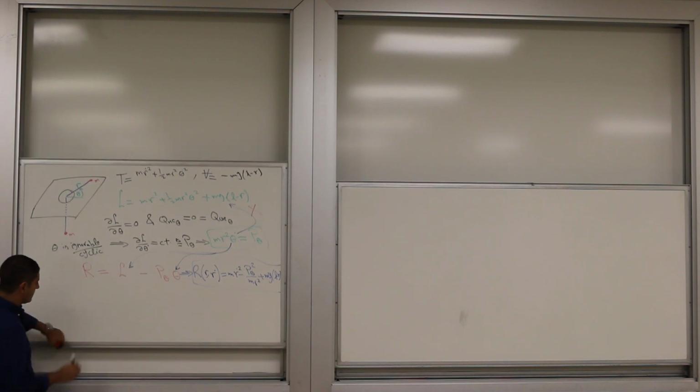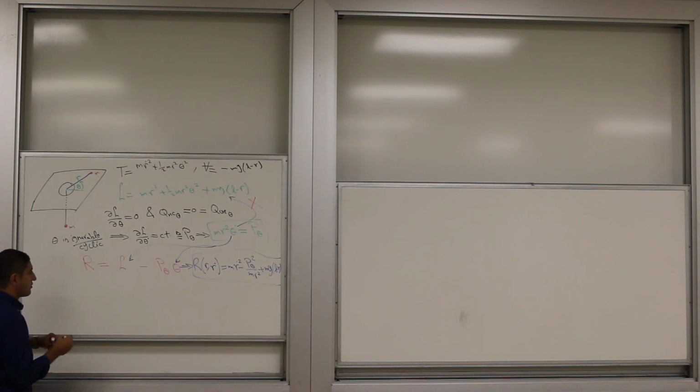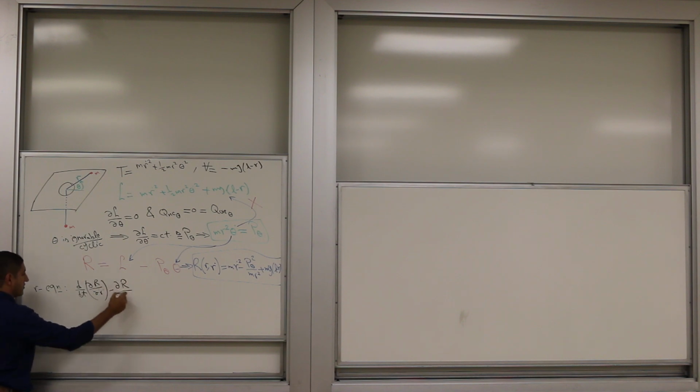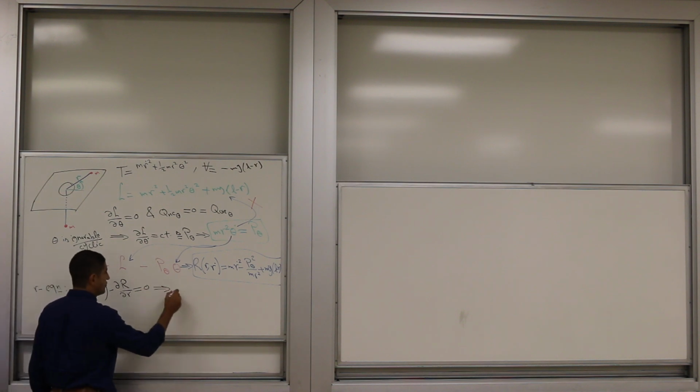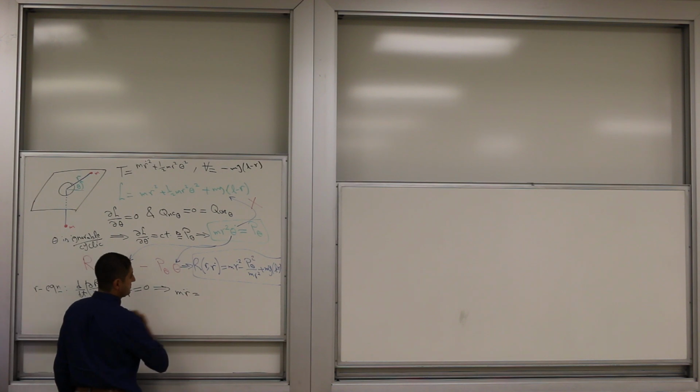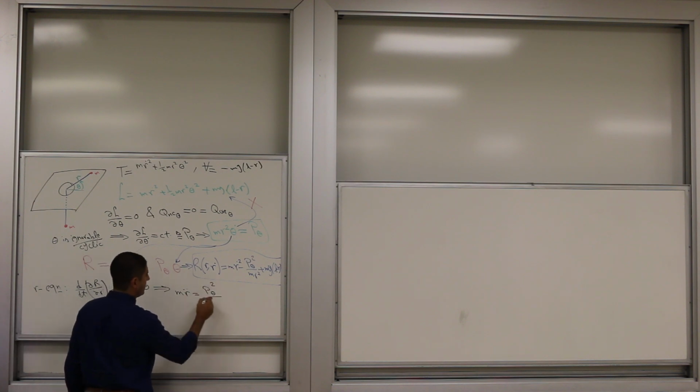So in particular, we wrote the Lagrange's equation for the R coordinate, with large R being the Lagrangian: d by dt of partial R dot minus partial R equals 0. And please, if you have any question, please stop me. Don't let it pass. This simply gives you m r double dot equals P theta squared over m r cubed minus g over 2.